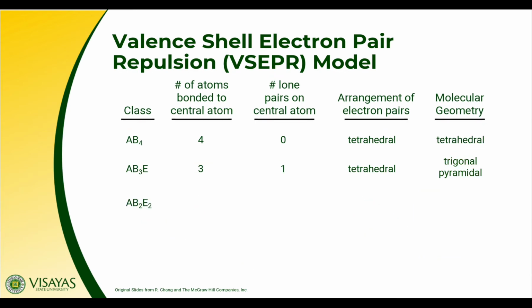Next, we have AB2E2. It means we have 2 atoms bonded to the central atom, and we have 2 lone pairs on the central atom.